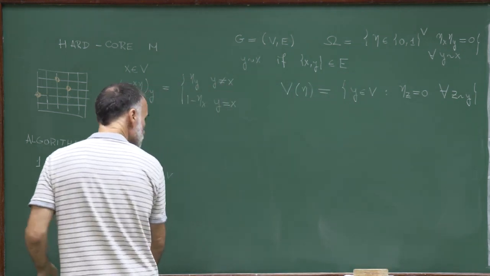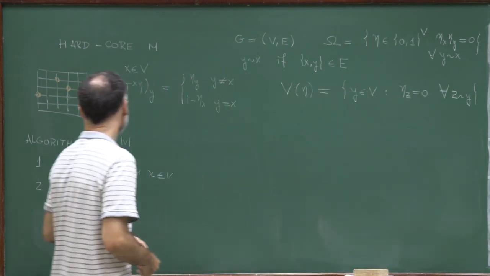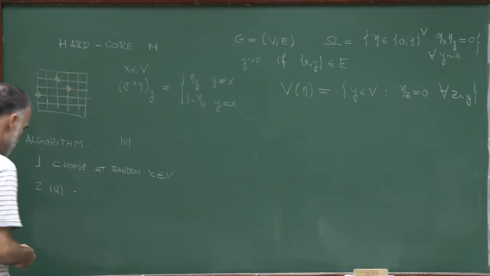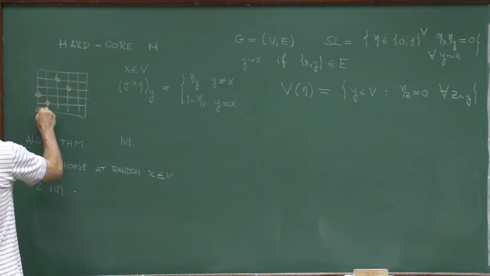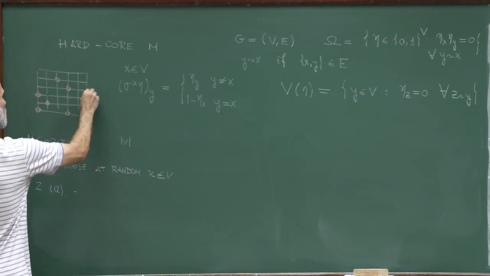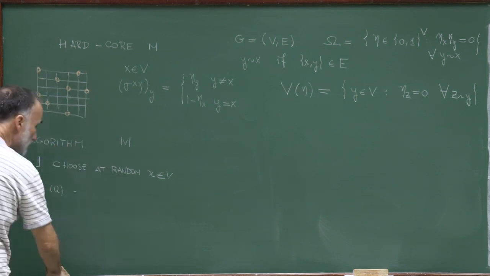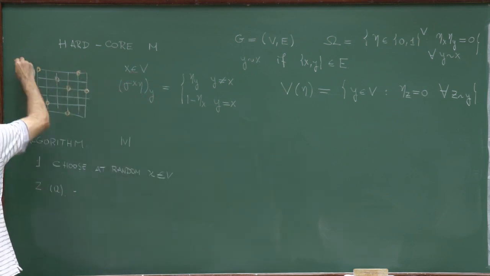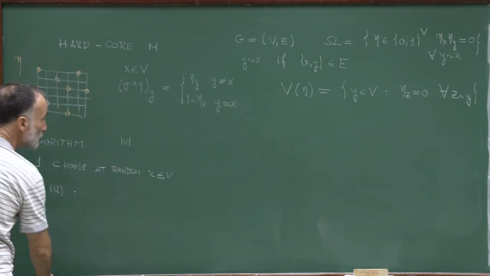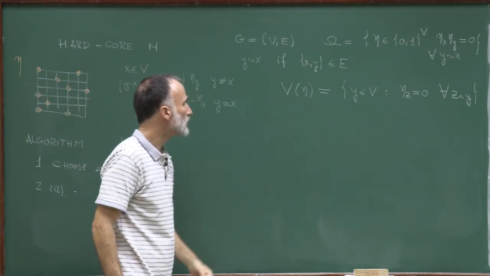Let's go back to this example, and maybe let me put some more particles. Let's say that this is the configuration. In orange I illustrated the configuration eta, and now I want to define this set V of eta.